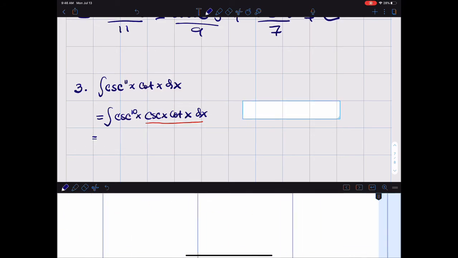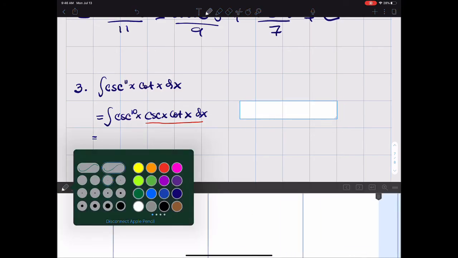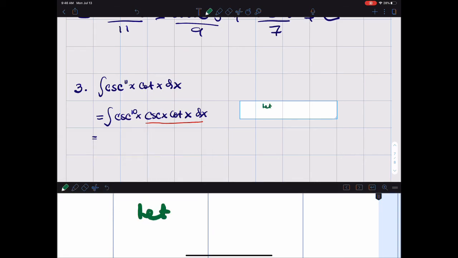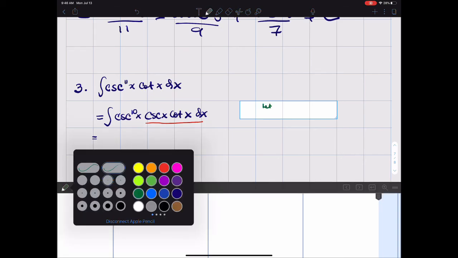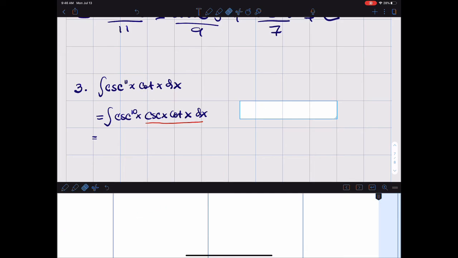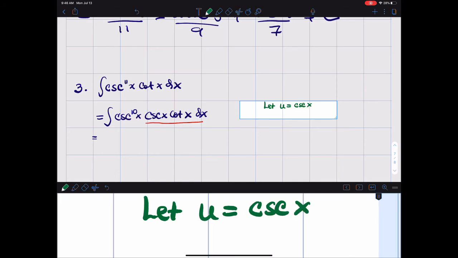All right, so let's do some u substitution. Let u be equal to cosecant of x.